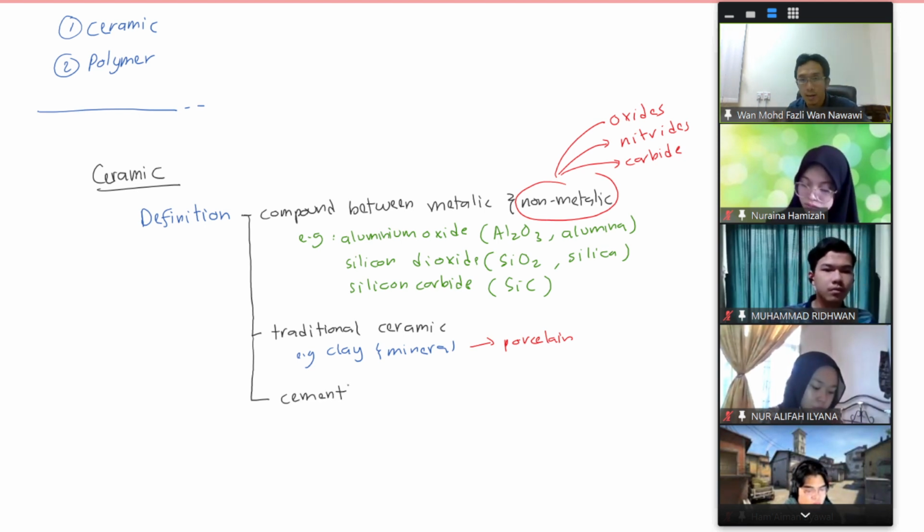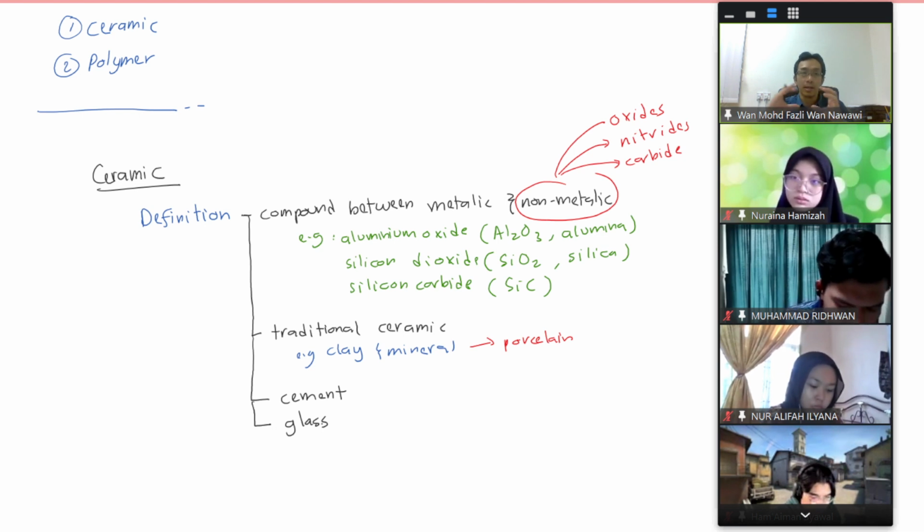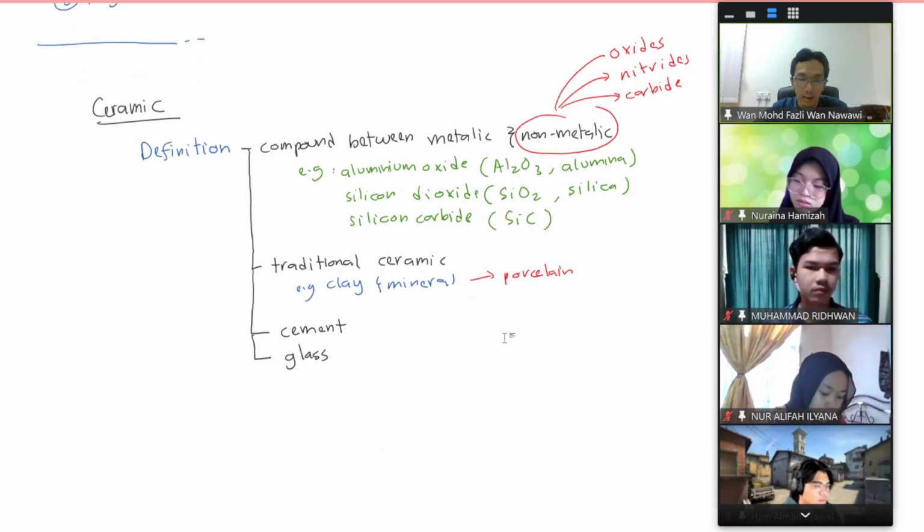And also under the ceramic category is glass. Glass is also under the category of ceramic. So basically this is a big definition of ceramic: a compound between metallic and non-metallic, traditional ceramic, cement or glass. So that's when we talk about ceramic.